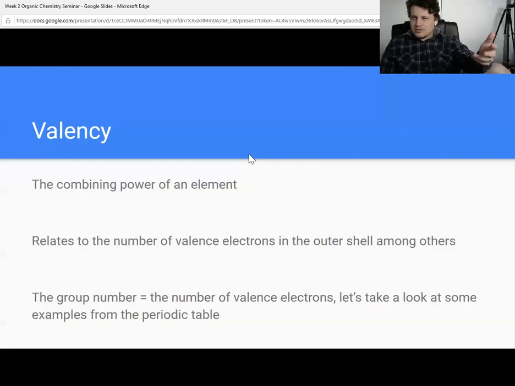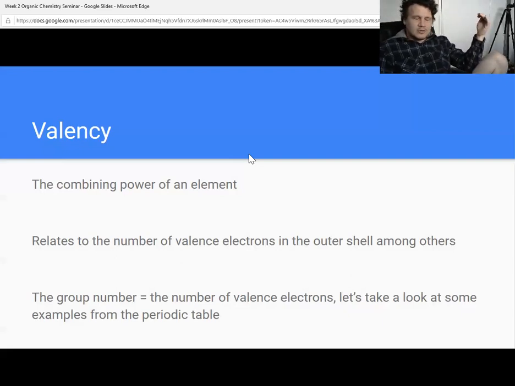They will if you go into hardcore chemistry and start looking at the transition metals, but for this, they don't exist. That's because they have transition states and they do all kinds of weird things. A lot of them are radioactive and unstable. So we're just worried about group 1, 2, and then groups 13, 14, 15, 16, 17, 18.